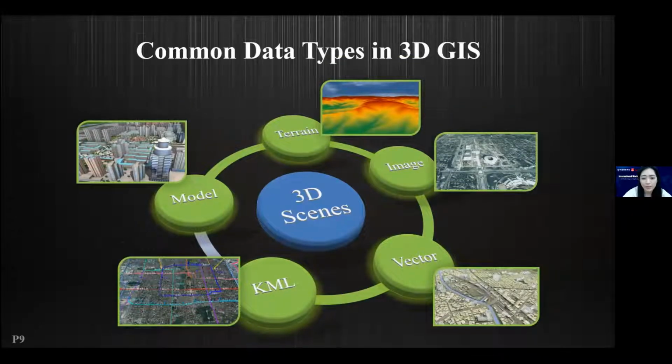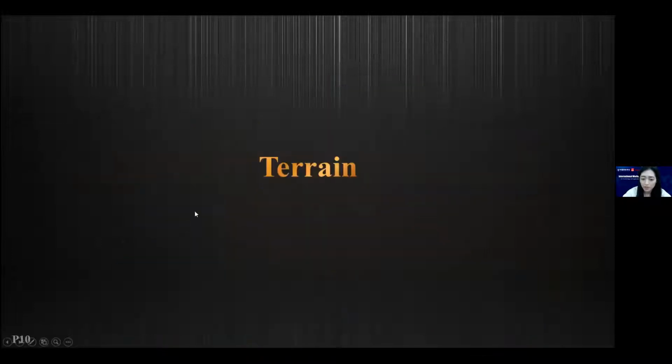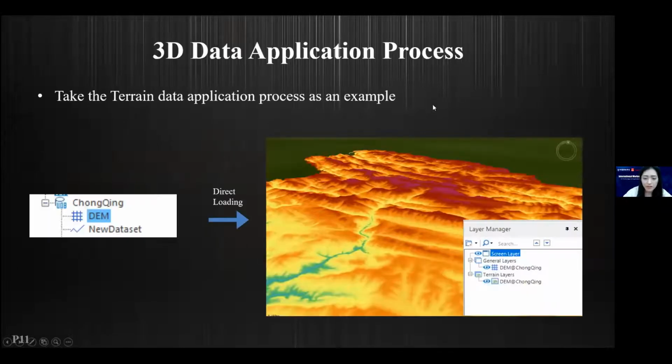The types of 3D data can be summarized as terrain, image, vector, KML, and model. The terrain data can represent the ups and downs of the Earth's surface, so let's look at the terrain data.